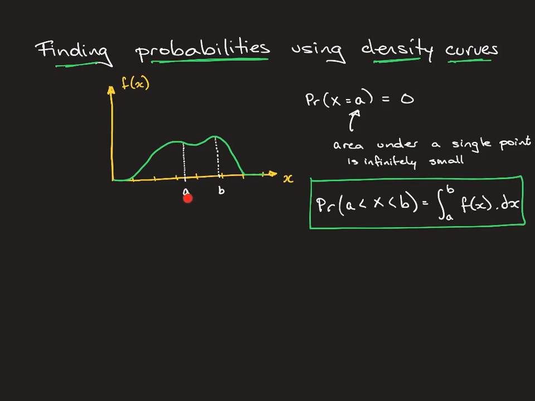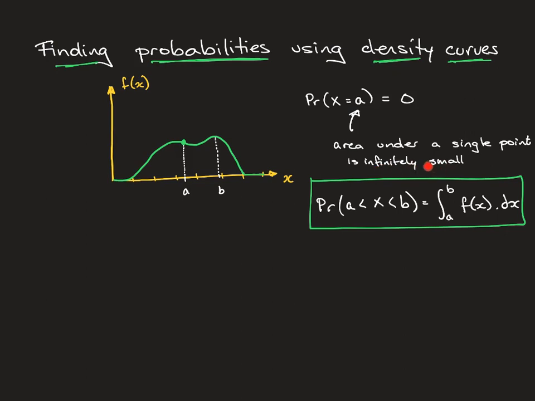So here's our value of a for x, and we're trying to find the area under the curve at that point. Now, the point up here on the curve, that point there, I'm going to draw it, is actually infinitely small. It's infinitesimally small. And in fact, it's so small that it has no area underneath it at all.